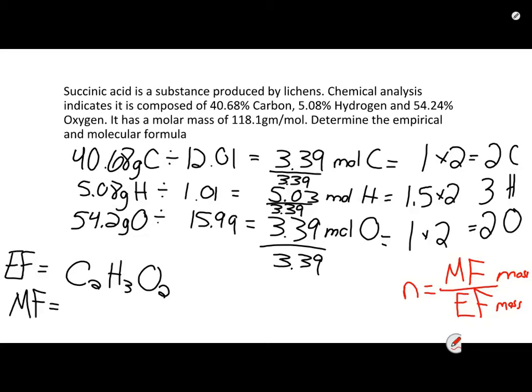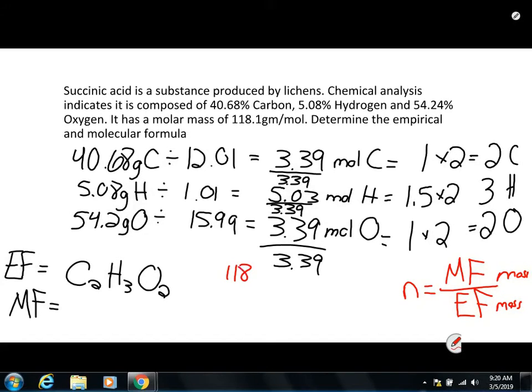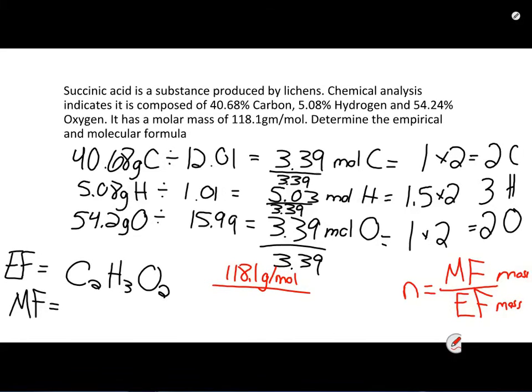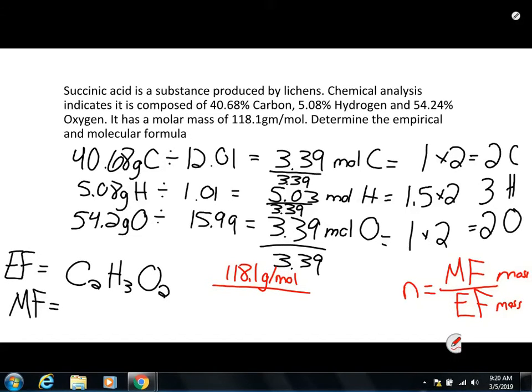Okay? So my problem gives me the molecular formula mass, 118.1 grams per mole. I just need to figure out what my molar mass for C2H3O2 is.